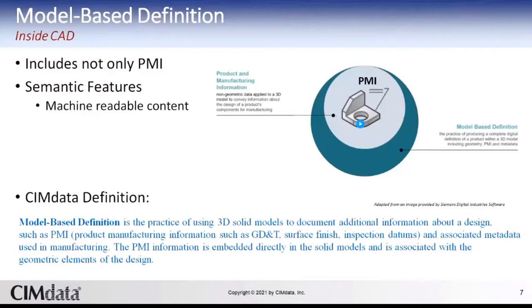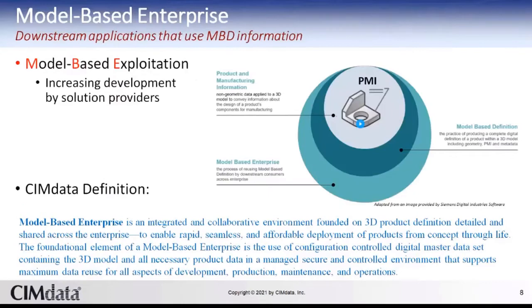The PMI information is embedded directly in the solid models and is associated with the geometric elements of the design. It's important to remember that MBD includes PMI, but also semantic features. That is, machine-readable information about the product model's features that will help guide the part manufacturing process.